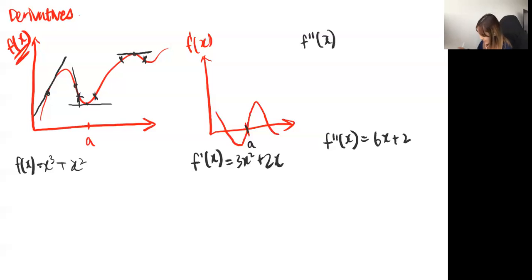If that makes sense. So we would just evaluate it at A, and this graph would probably look something like this. But anyways, not super accurate, but this would be something like A. And if the result at A is a positive number, it is a minimum. If it is a negative number, it is a maximum.